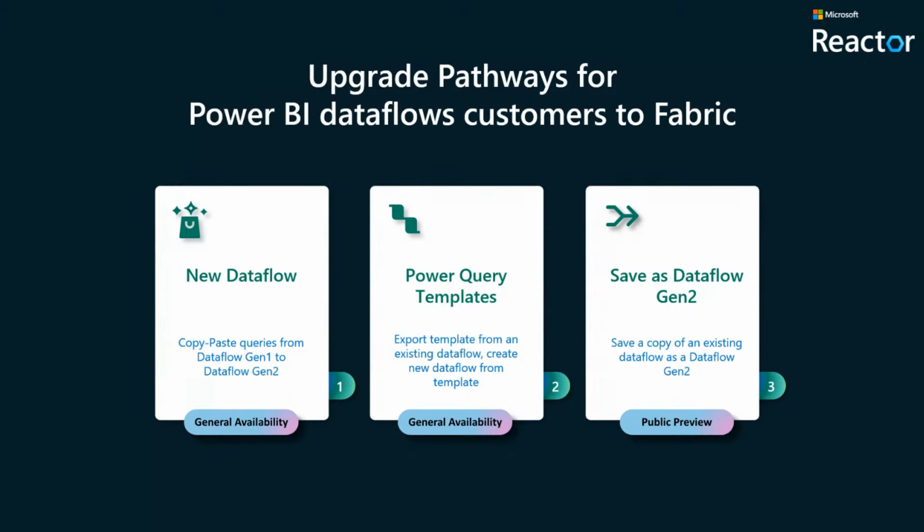You saw this briefly as part of the Dataflow Gen 2 CI/CD demo, where you're able to just right-click on an existing Dataflow Gen 1 or even a Dataflow Gen 2 item and just save it as another Dataflow Gen 2 that is CI/CD enabled.